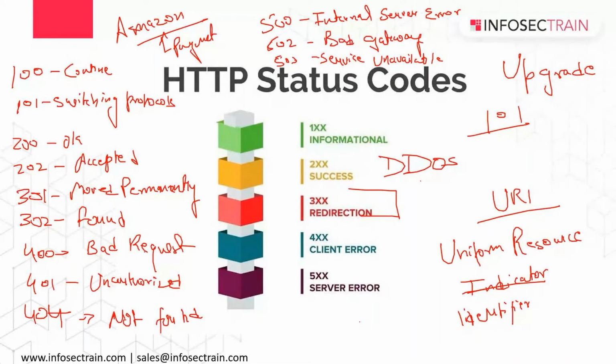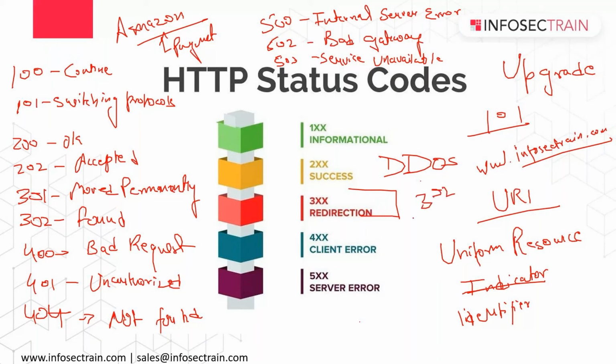302 means that your resource has been moved somewhere else for a temporary period of time. So let's say the website is infosectrain.com, right? And when we are sending any request to infosectrain.com, assume that I have changed the place where infosectrain.com is hosted. Then you will get 302.